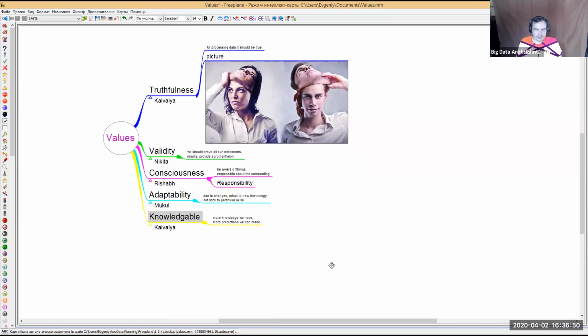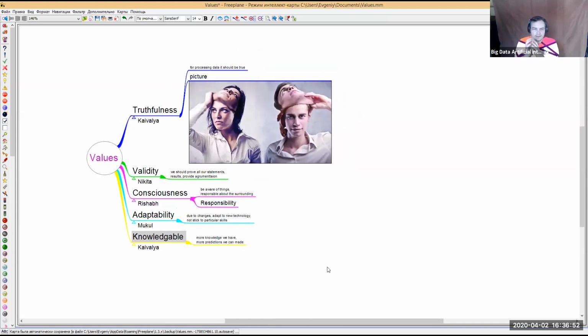Actually, as you know, it's maybe not that hard to suggest these ideas, not that hard to propose. But the hardest thing, as I see it, is to align to values in day-to-day activity, in daily activity.